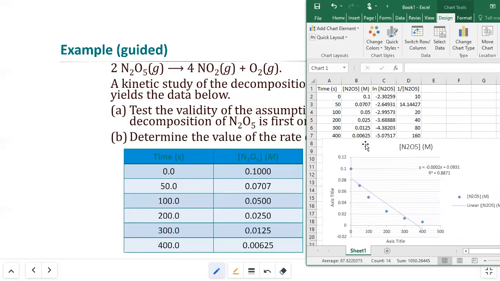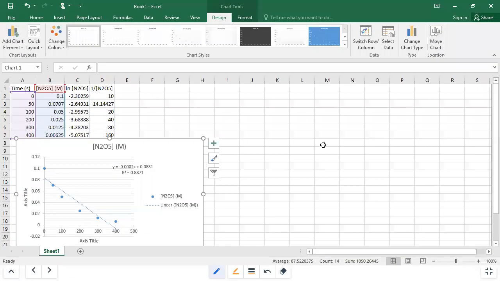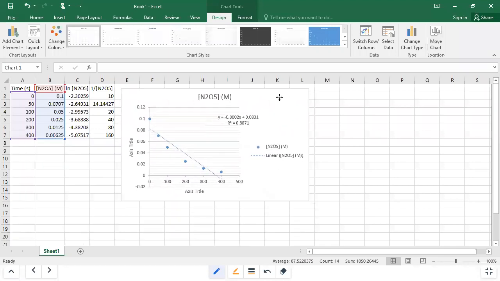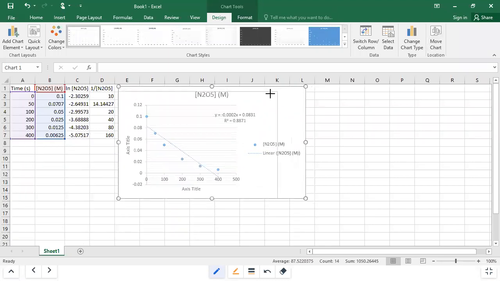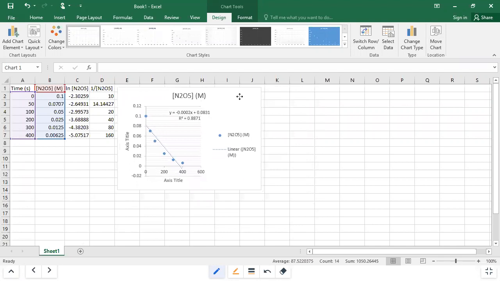And so I think we can pretty clearly see from this one that this is not a linear trend. So zero order is kind of out of the question here.